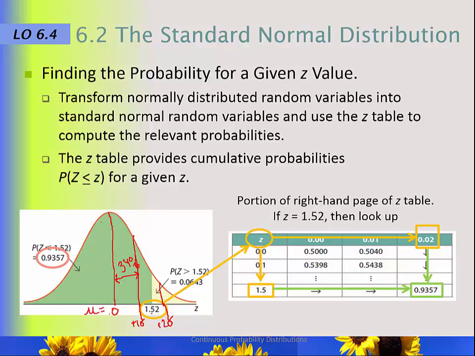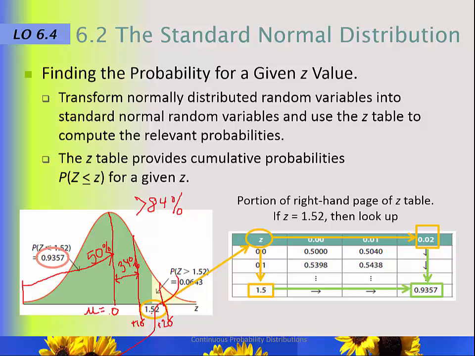So we need to add this 50% because from the origin all the way to here is going to be 50%. So we know that the probability of our event is at least going to be 84% because we've got 50 plus 34, so that's 84%.